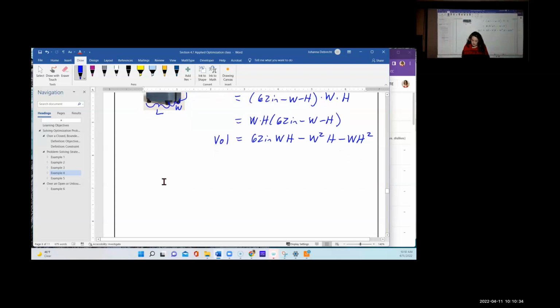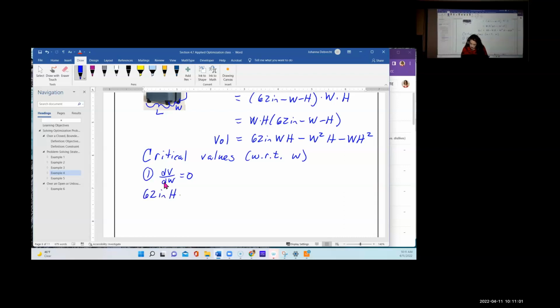So I take the derivative with respect to W. WRT stands for with respect to W. So my type 1s, dV/dW equal to 0, are going to give me 62 inches H minus 2WH minus H squared, set equal to 0.